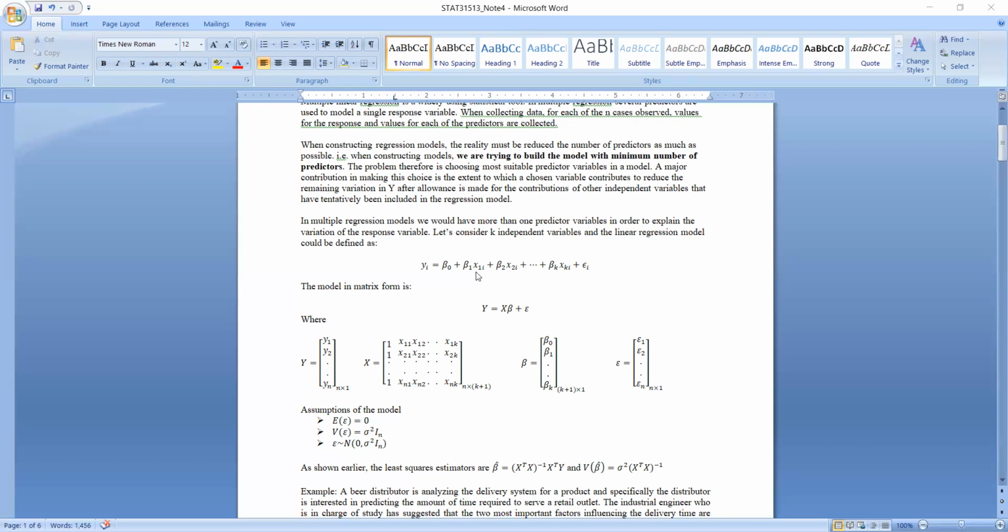That is the value of the first observation associated with the x1 variable, which we denote by x11. Then you have x12, then you have x1k. Likewise, for the first observation, you have all these values. This is how you form your matrix.